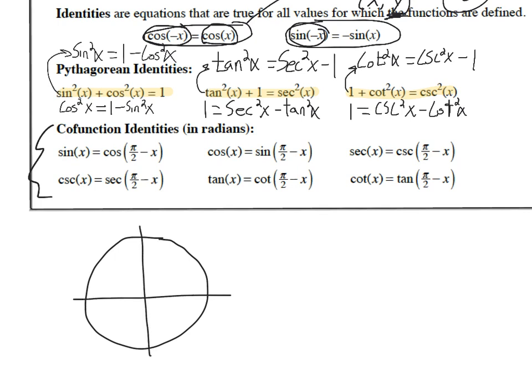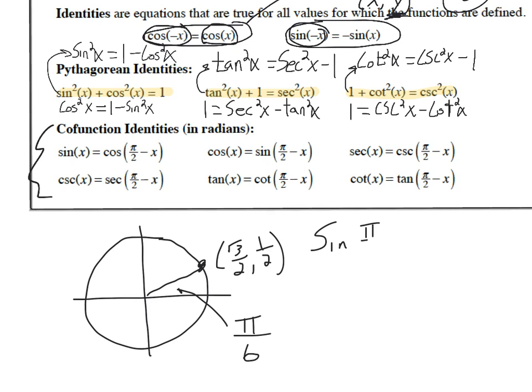If this is my unit circle, and this happens to be an angle right there of pi over 6, the coordinates here happen to be square root 3 over 2, comma, 1/2. Well, the sine of pi over 6, that's 1/2. That's the same value as the x coordinate up here.